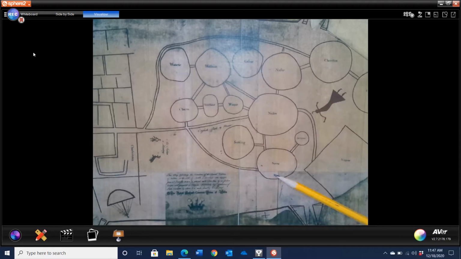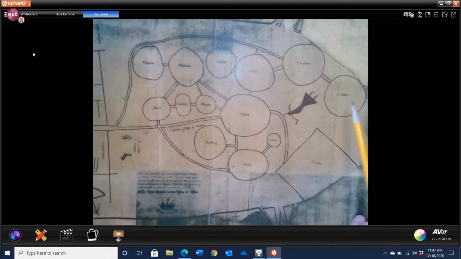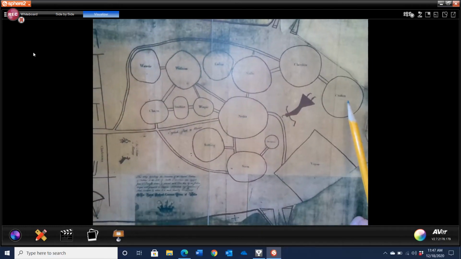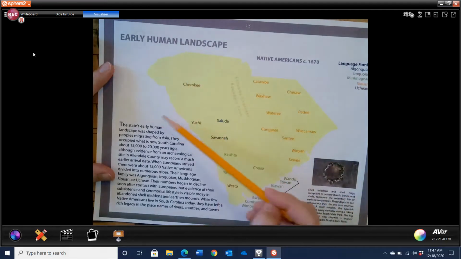And if we know where the Catawba, that we are now as the Catawba, were located, and figuring out where these others were, and turns out this is, it's not even in the screen, the Chickasaw over here, which were actually not necessarily in what we now call South Carolina, but towards the outskirts of the state. For example, if I bring you back to this one, they're more out in this area and beyond.